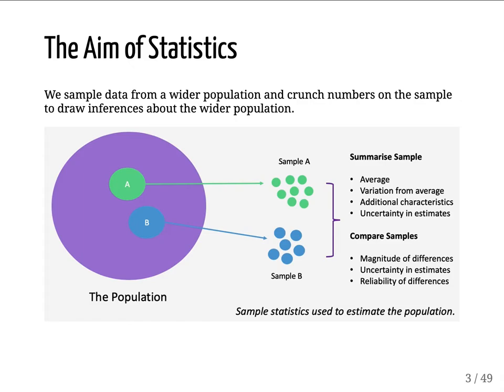So I might decide then that, looking at my sample, I need to see how far away people typically lie from this average height. So I need to calculate what's called a measure of variance or dispersion around this average score. So we know some people should fall above the mean, some people should fall below the mean.